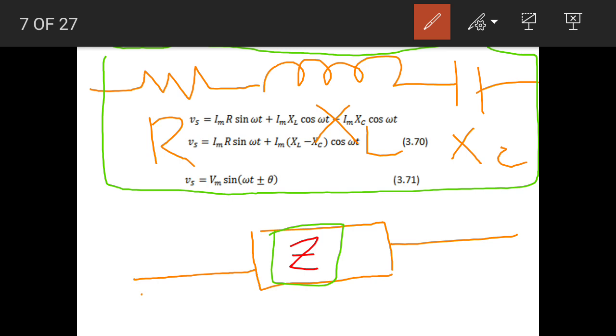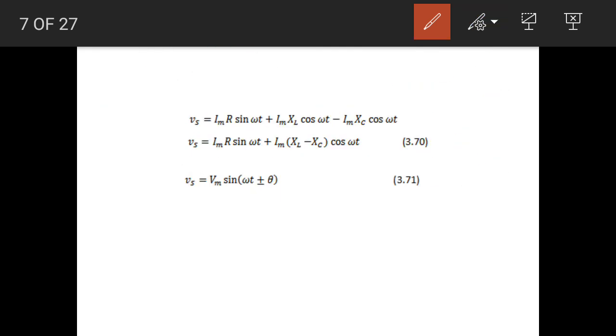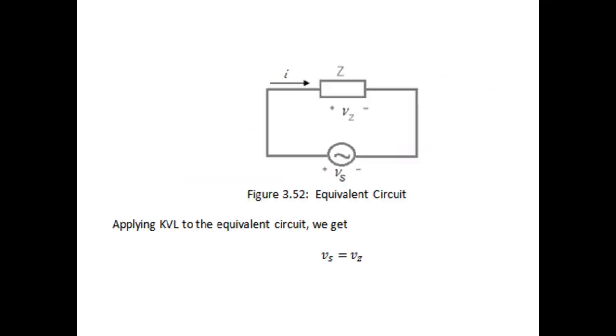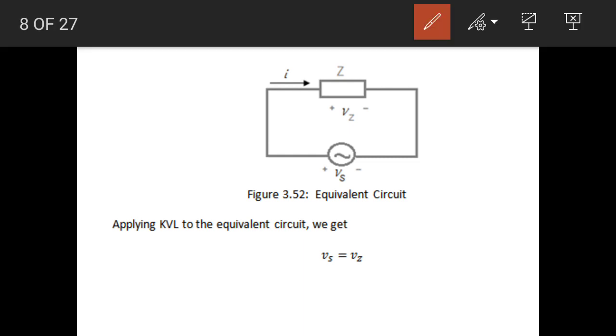So we replace the series combination of these three circuit elements by a single circuit element, and we apply the same voltage across this single passive circuit element. The same current flows in this single passive circuit element.